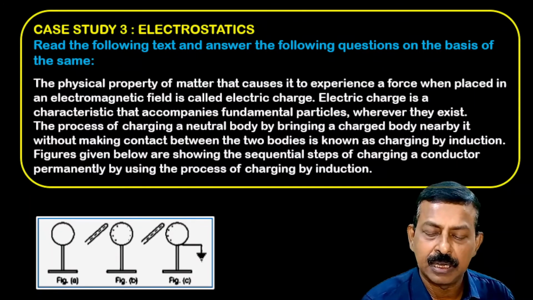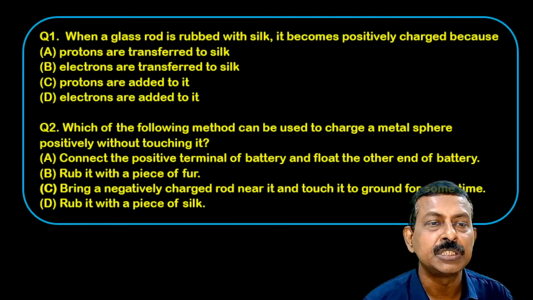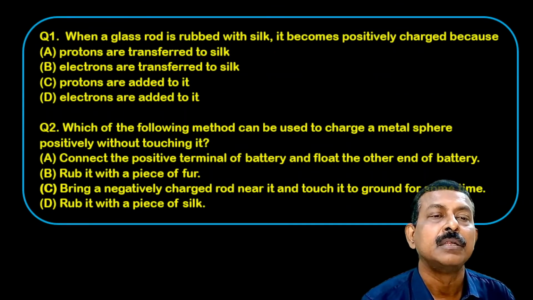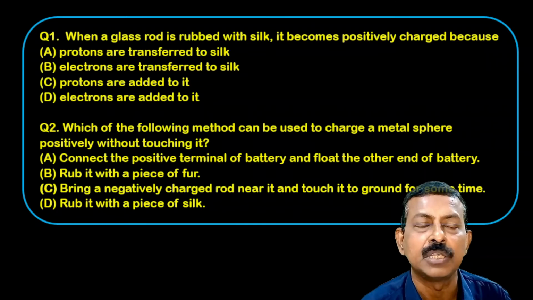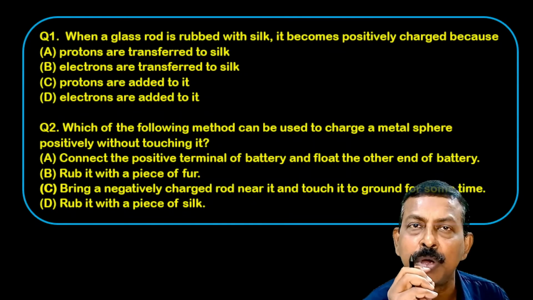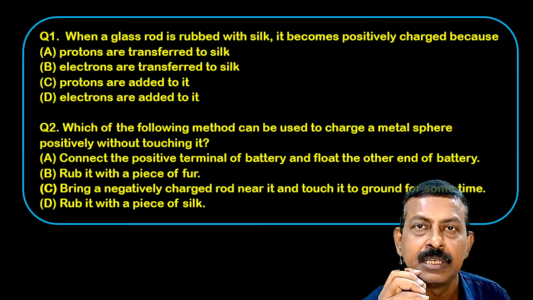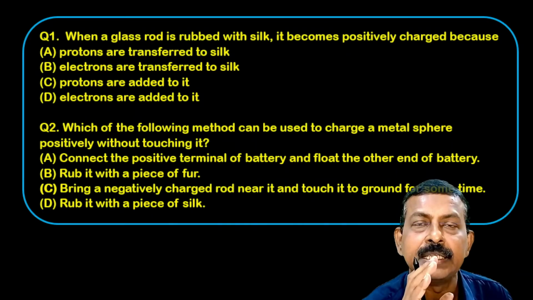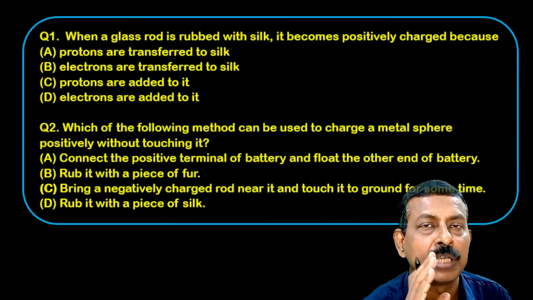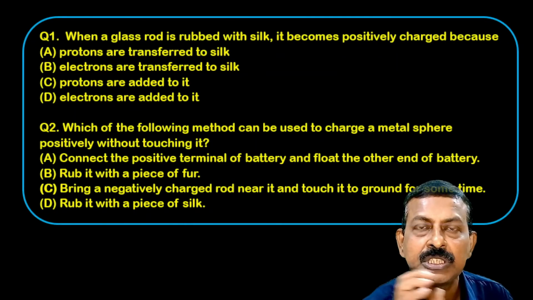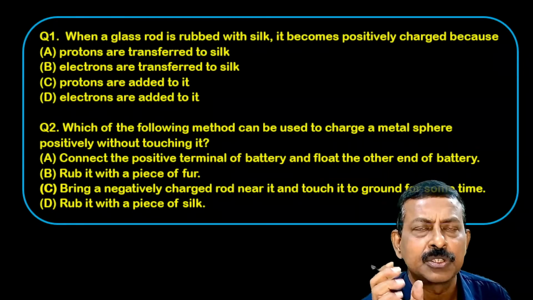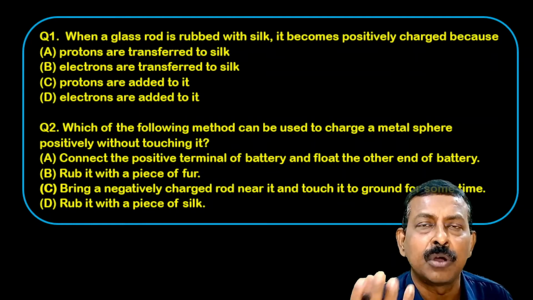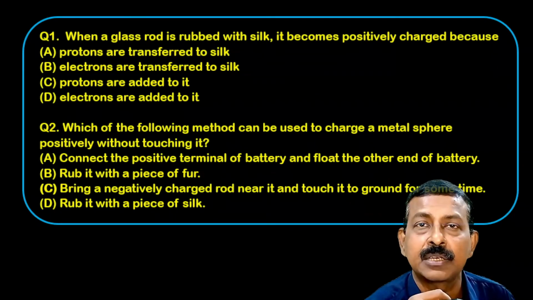So let's see what the different questions are. The first one is: when a glass rod is rubbed with silk, it becomes positively charged, because now you know that if a body becomes positively charged, definitely the body must have lost electrons, because the charging in the body is due to the transfer of electrons.